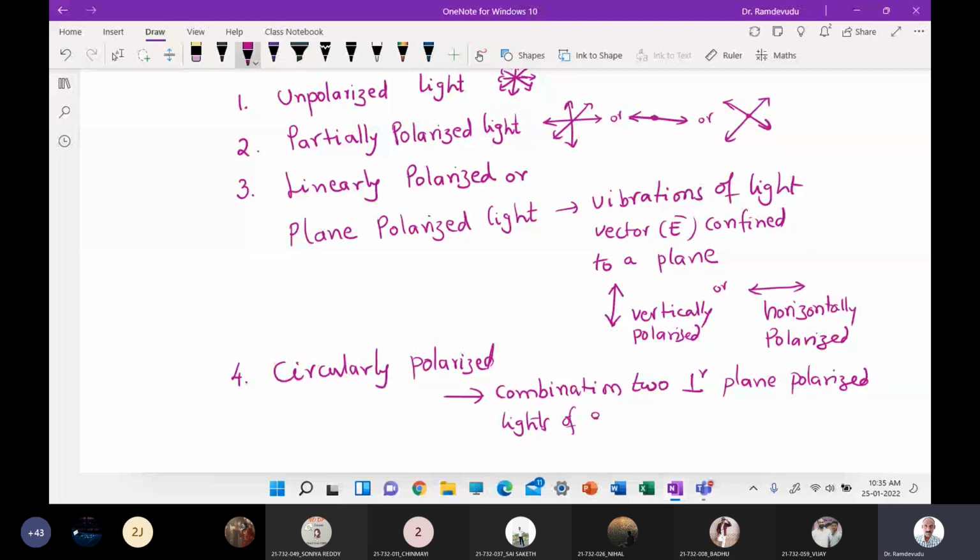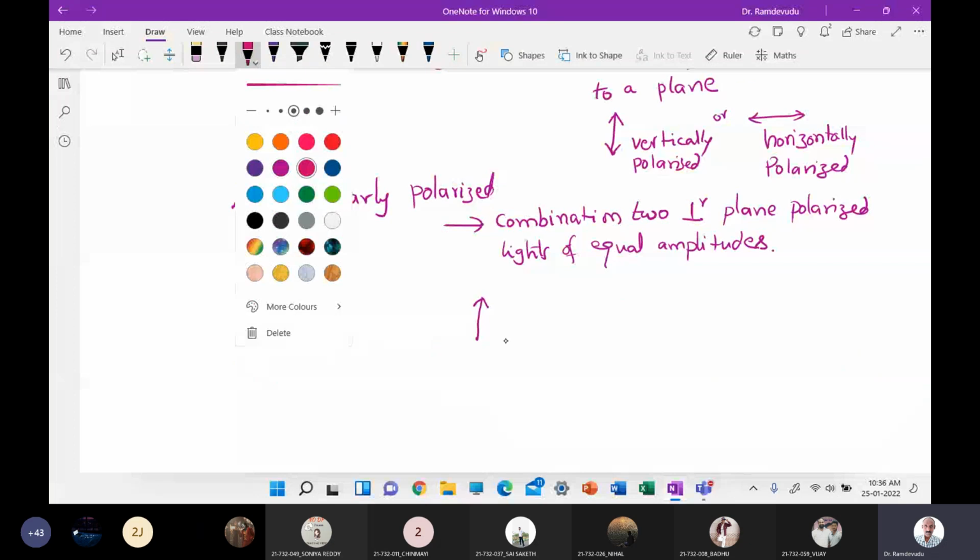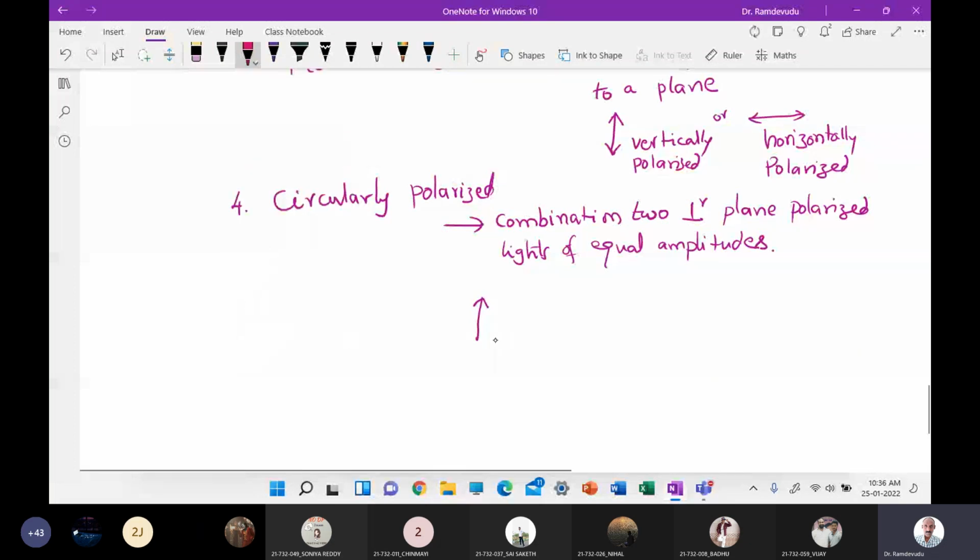That means, if I say amplitudes, a circularly polarized light is, now suppose it is one plane polarized light along the x-axis and another along the y-axis, and the same length will be there also like this. Then we know that they rotate. When they rotate, after some time they may be coming like this, but still they are perpendicular to each other.